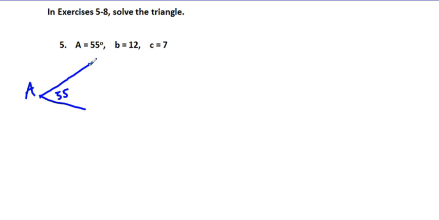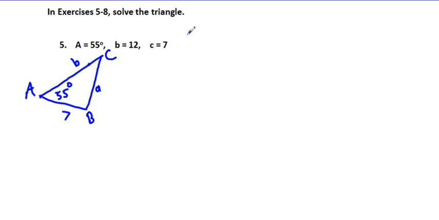And then side B is going to be 12 in length, and side C is 7. And so we'll just join these up here. So that's going to be angle B and angle C. And we're going to first try to find this side A opposite angle A.